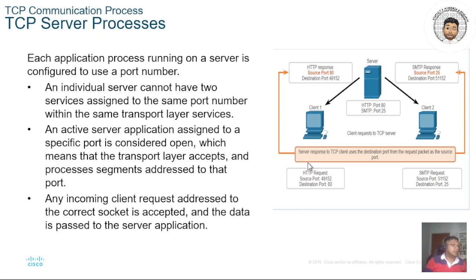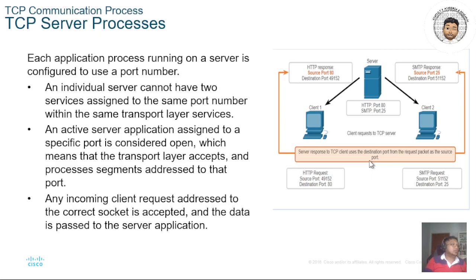For example, here you have client 1 and client 2, and here a client request to the TCP server. Here is port 80, SMTP port 25. The HTTP response has source port 80, destination 49152. The server responding to the TCP client uses the destination port from the request packet as the source port.